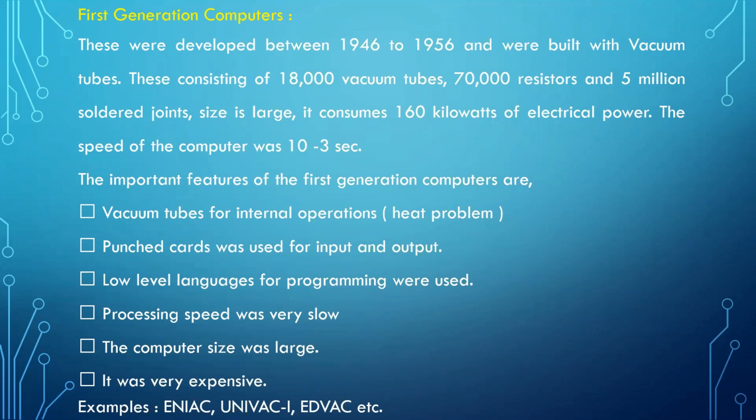Then one more important thing: how much power is consumed by first generation computers. The first generation computer consumes around 160,000 watts of power. When this computer started, the city lights would become dim.